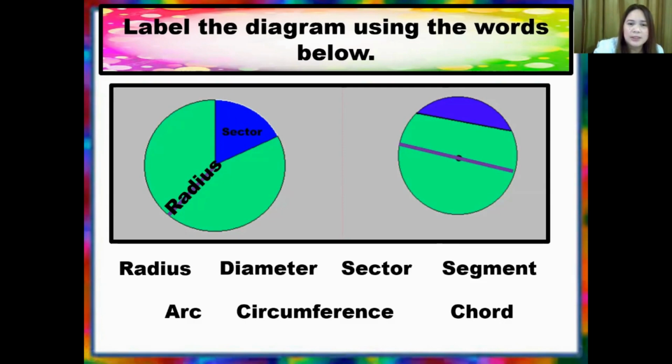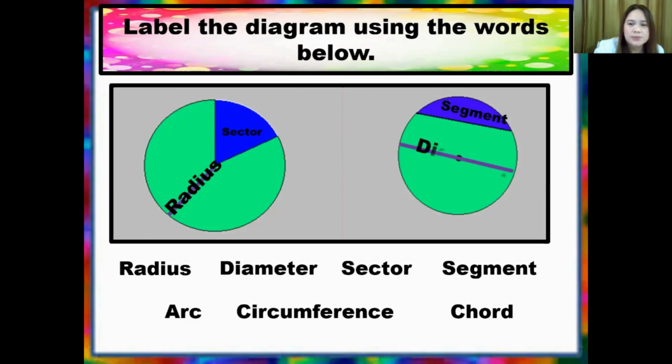What do we call the area enclosed by the chord and an arc? We called it segment. Again, the difference between sector and segment: they have the same arc here, but the other one has a chord for the segment, and we have here 2 radius for the sector.